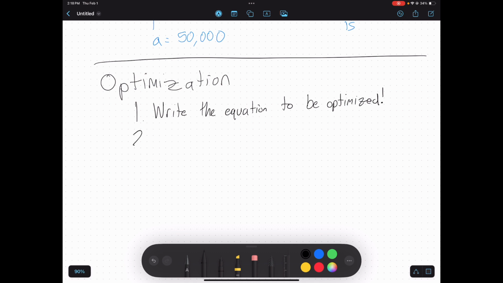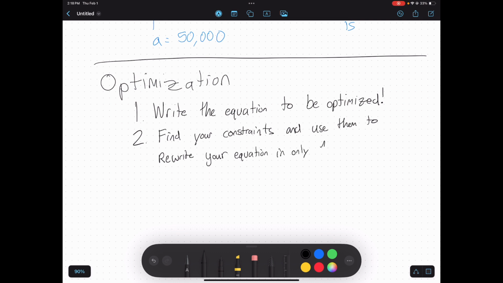So to deal with that, find your constraints, and use them to rewrite your equation in only one variable.